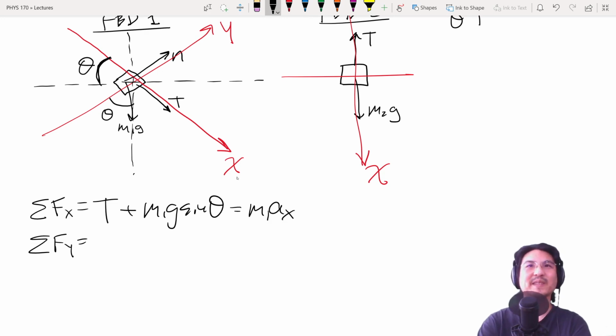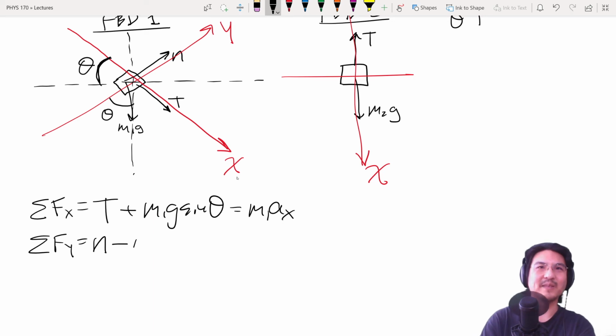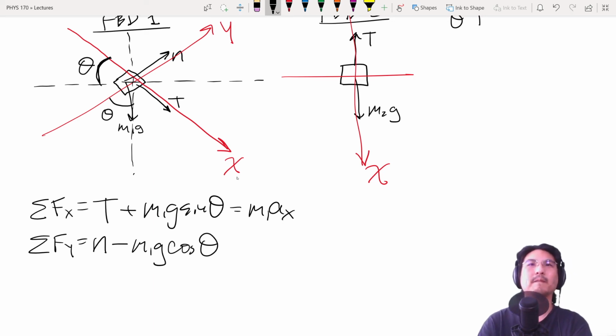Okay, y direction. I picked y over here, so that's positive. The y component of this is 0, and then the y component of this is negative, and this is y, right? And see how that's adjacent to the angle? So minus, and adjacent means cosine, equals mass times acceleration.